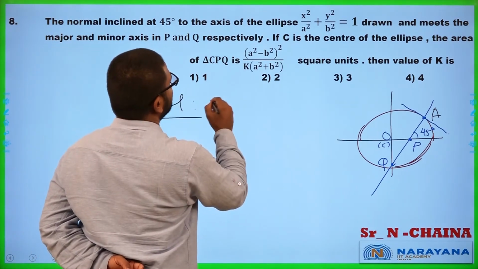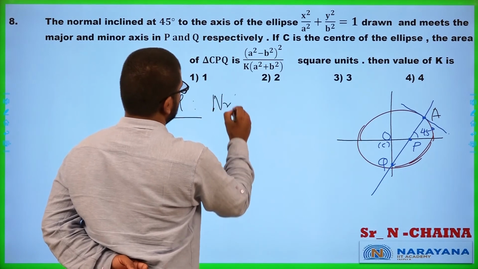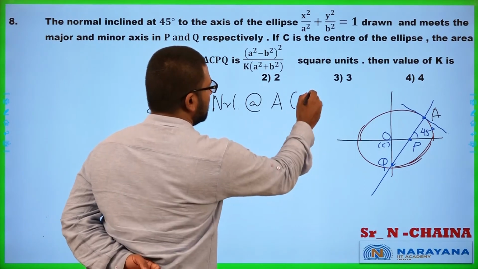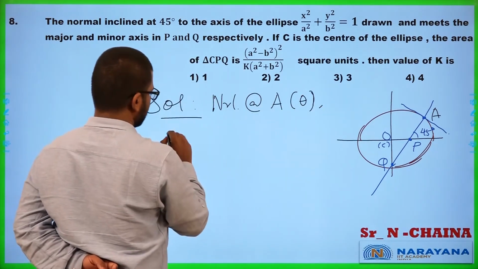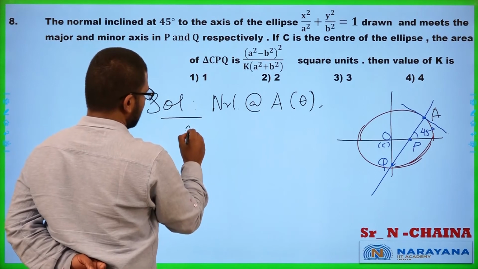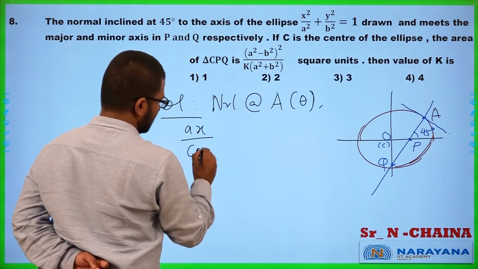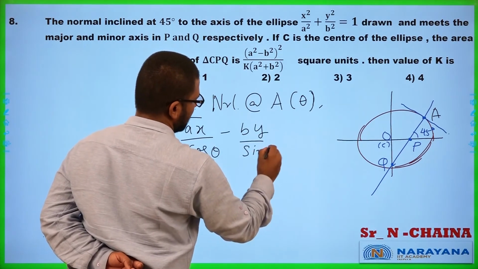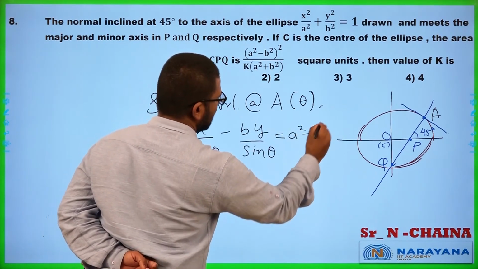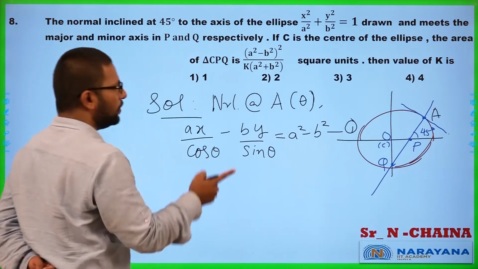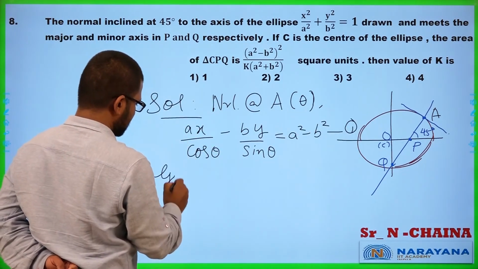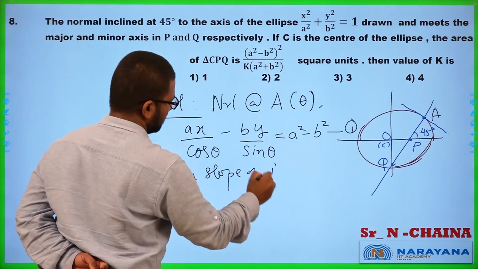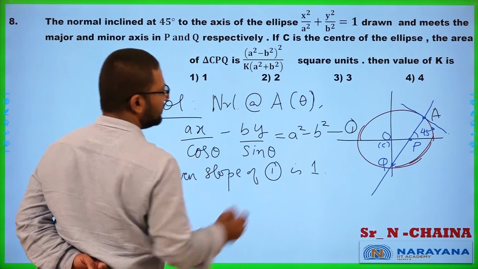With that understanding, let us say the equation of the normal at any point. Now we don't know where A lies, so let us take the parametric form, right? AX by cos theta minus BY by sin theta equal to A square minus B square. Correct? Now the slope is given as 1, tan 45 degrees.